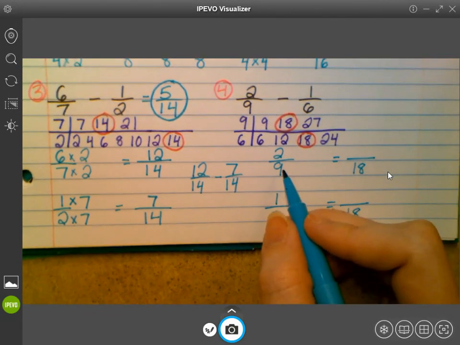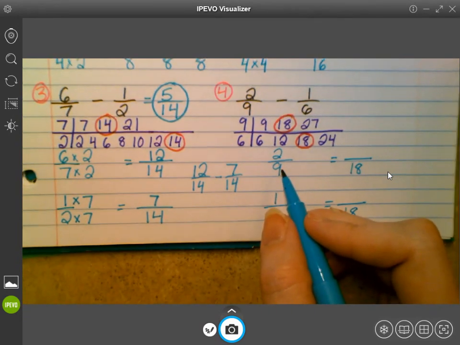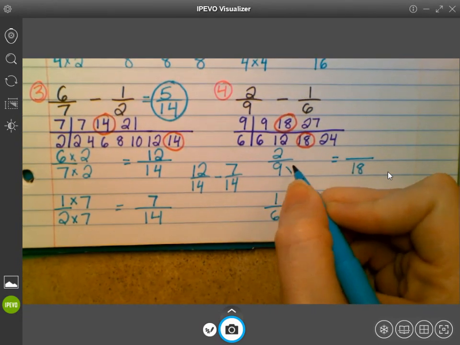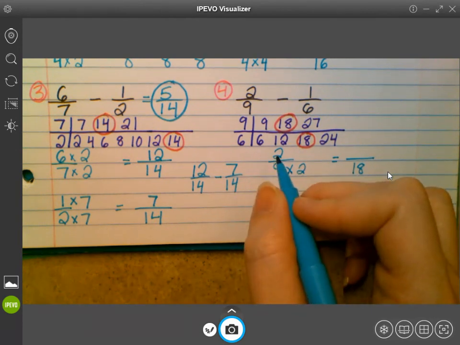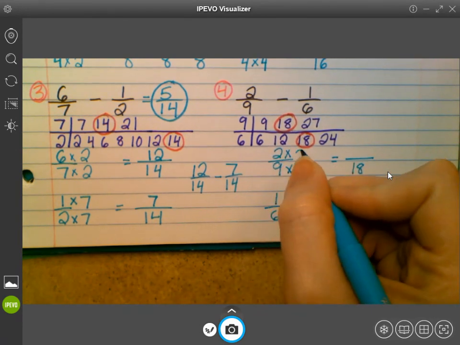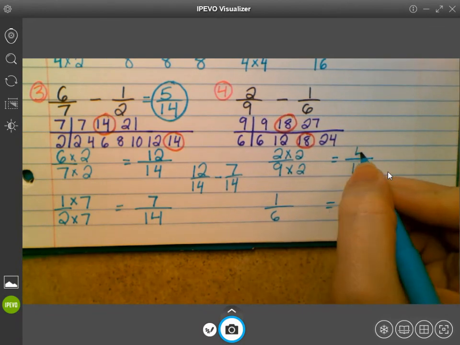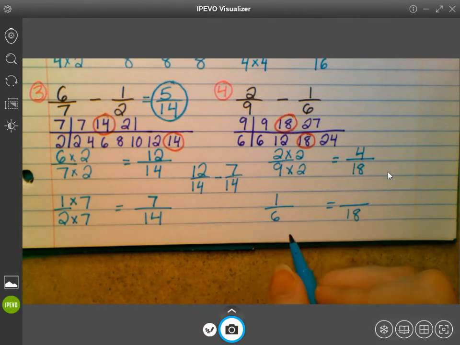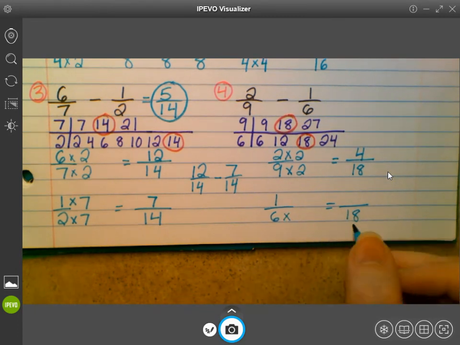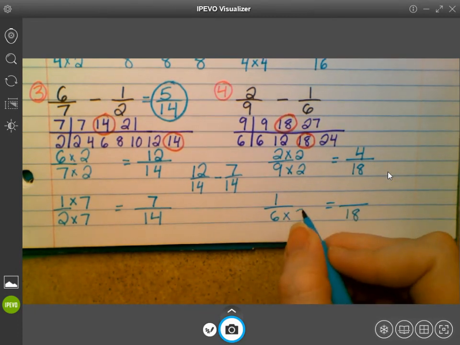So 9 times 2 gets me 18. So I need to multiply then the numerator by the same number. 2 times 2 equals 4. So 4/18.